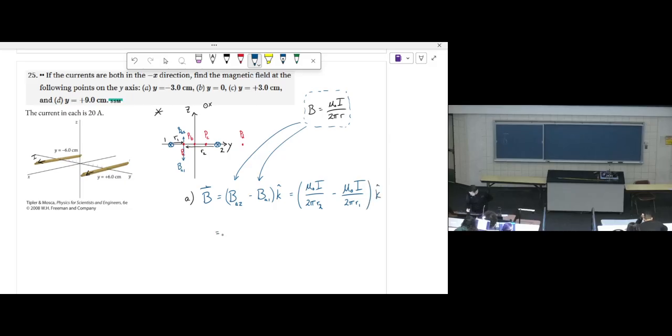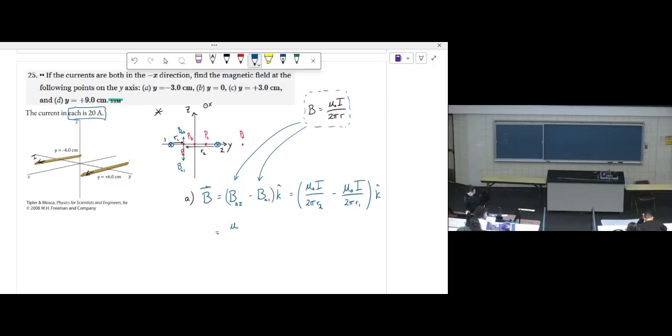And we can even pull out all of the terms because it's the same current. Both have 20 amps each. They don't tell you that in the problem. That was a typo on their part. But each has 20 amps.